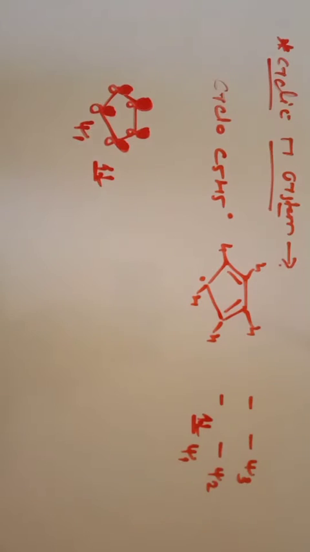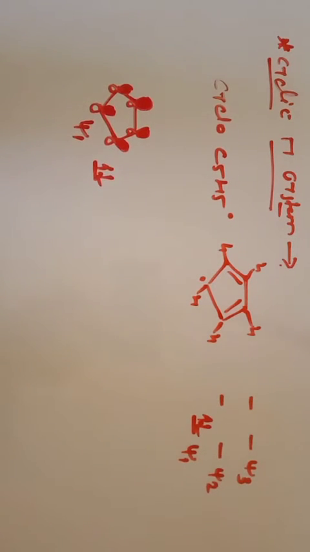The second is your psi 2. Psi 2 indicates there should be one node. So how is one node possible? Psi 2 has two representations, because there are two molecular orbitals, and they have equal energy because they have the same number of nodes.